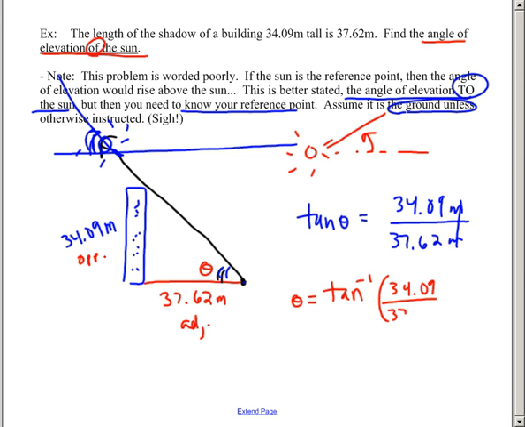And I encourage you to do this all at once so you don't have a lot of round off error. And theta is going to be an approximate for sure. And that approximate angle is 42.18 degrees. So it is approximately 42.18 degrees, the angle of elevation to the sun from the ground at the end of that shadow.